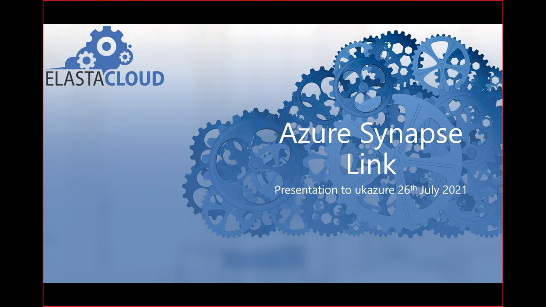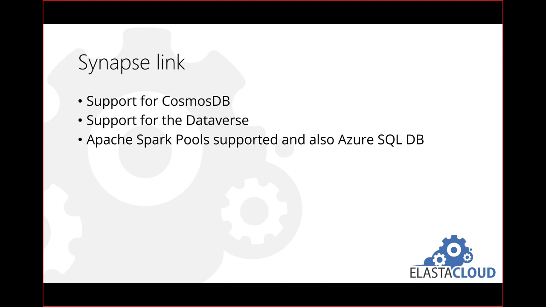And one of the things that you'll find is that this is something which will evolve continuously with Microsoft's plans. So if we look at what Synapse Link is, Synapse Link has support for CosmosDB, such that if I want to have real-time interaction between Cosmos and Synapse, so that I start inserting things into my Cosmos documents, then I will be instantly aware of them within Synapse.